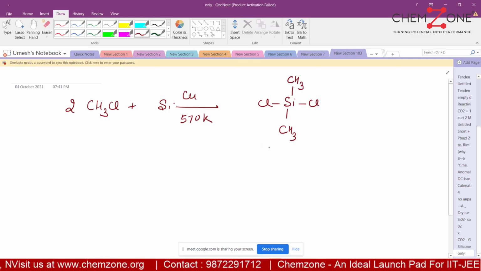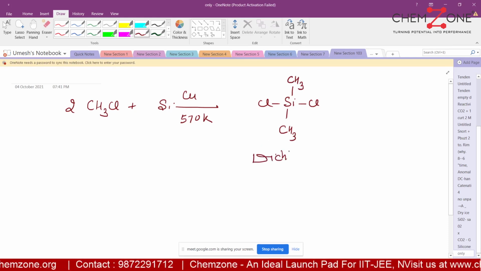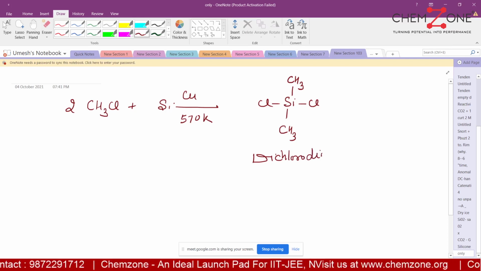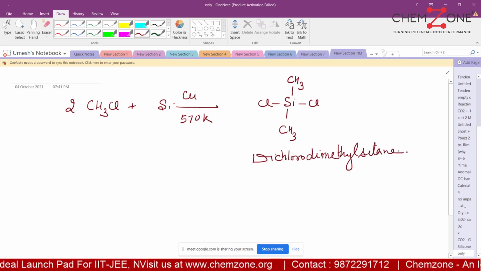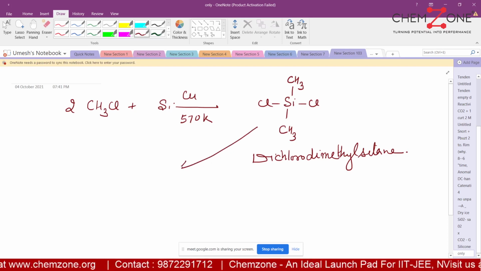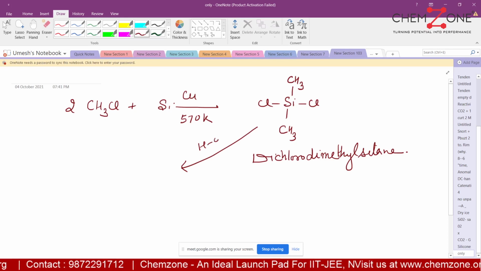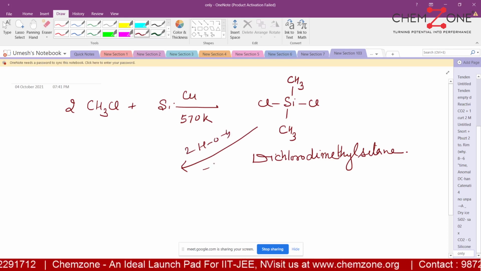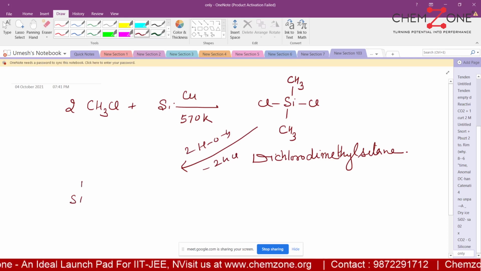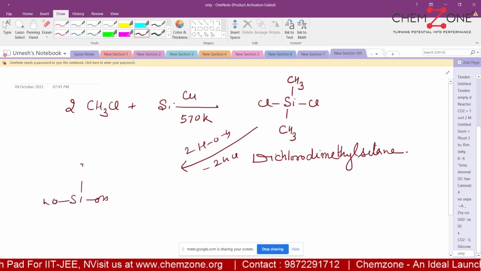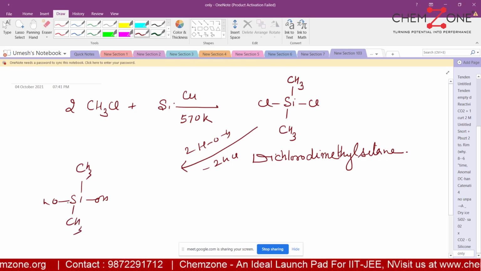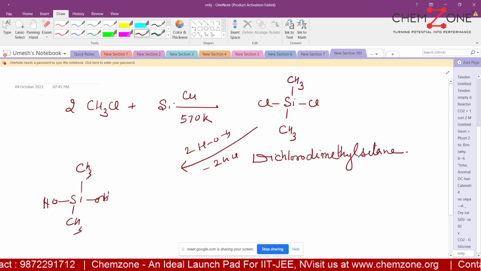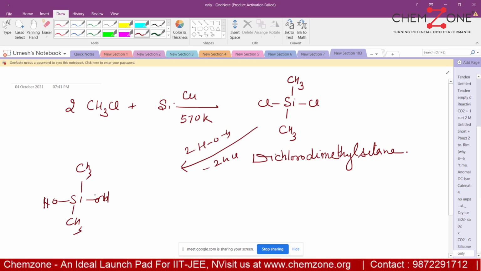So dichlorodimethylsilane is formed. Now this is treated with 2 moles of water. So 2 moles of HCl go out and we get dihydroxydimethylsilane. Dihydroxy, you can see two OH groups here, dihydroxydimethylsilane.